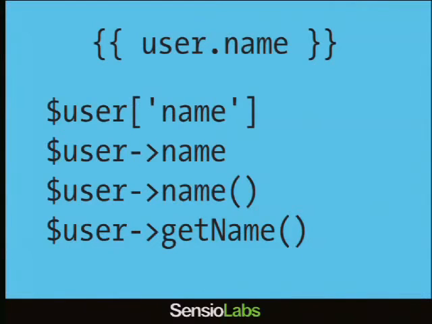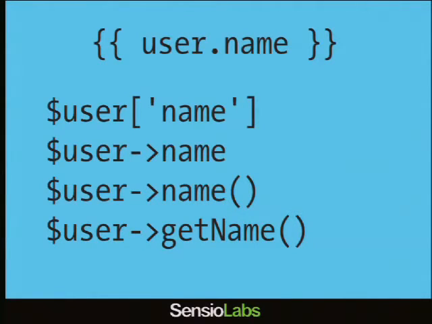And in Twig, we have the dot notation. The dot notation is a way to access data on more complex variable types, like arrays, objects, whatever. And the dot is really the magic bullet here, because the designer does not need to care about the type of the variable passed from the PHP code to the template.